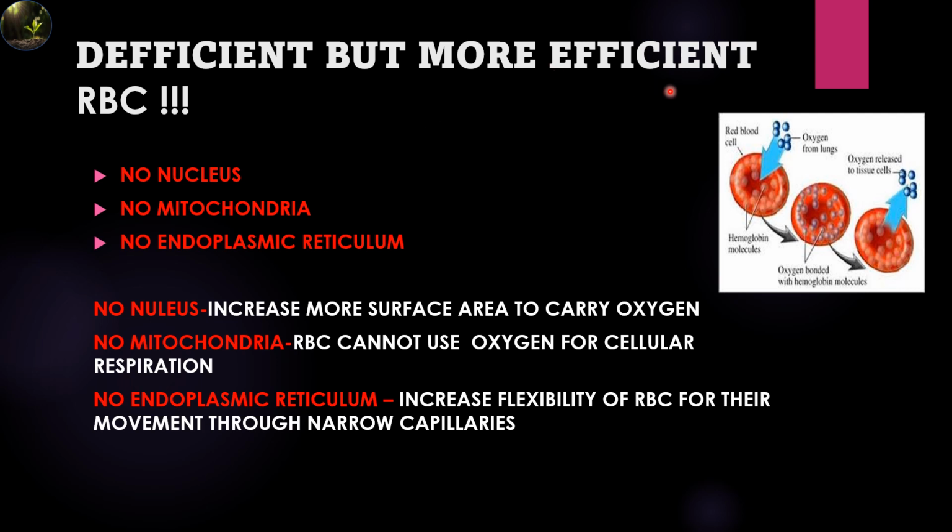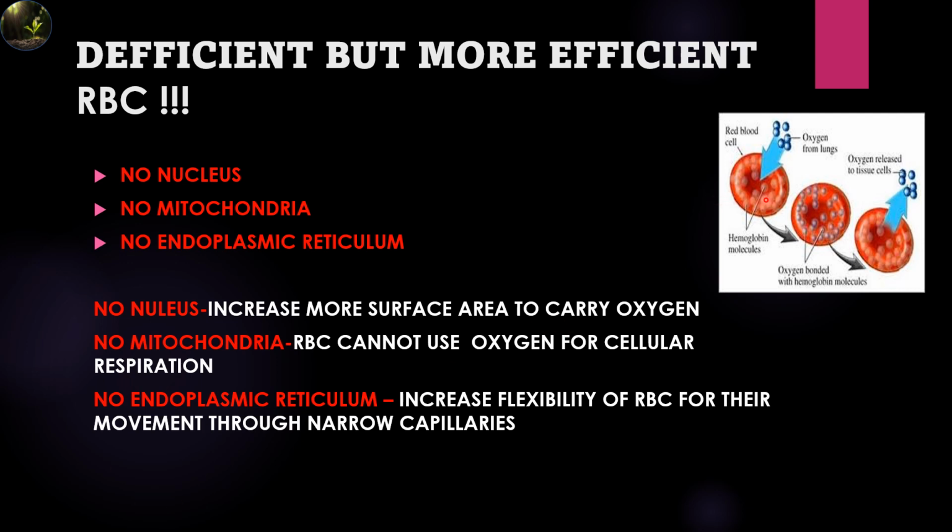Why is it more efficient? Why do we call RBCs more efficient? The same reason, because of the absence of these cell organelles. Why is it efficient if they are absent? How is it more efficient? If there is no nucleus in RBC, it will increase the surface area to carry oxygen.